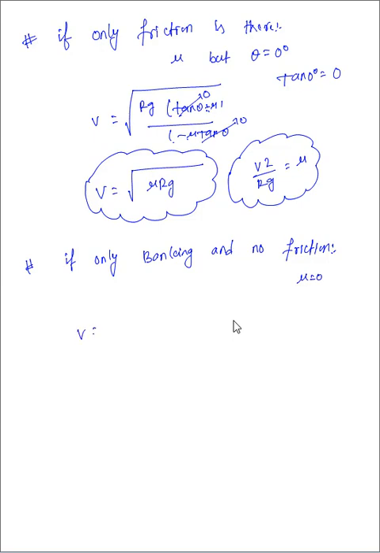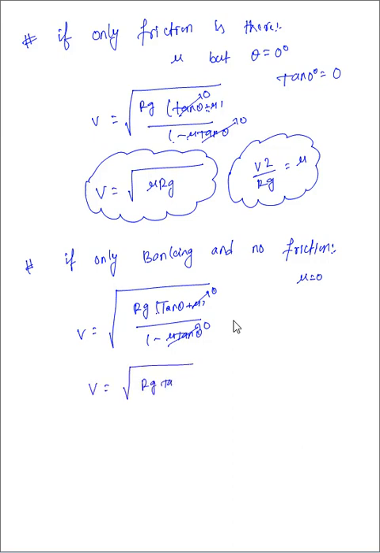So v equals under root of rg times tan theta plus mu divided by 1 minus mu tan theta. Here mu is 0, so mu into tan theta becomes 0. Therefore, rg times tan theta, so v equals under root of rg tan theta.